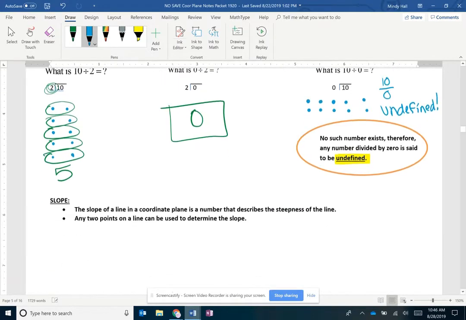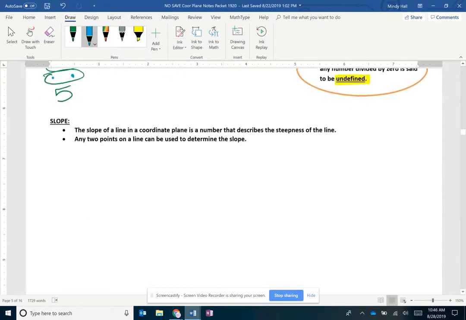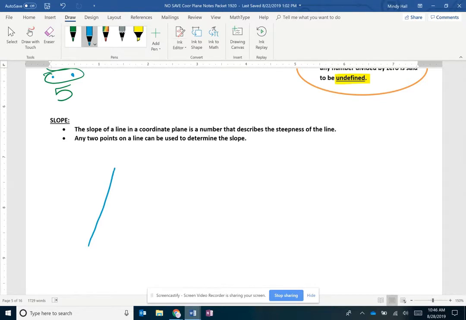Okay? So starting with slope, the slope of a line in a coordinate plane is the number that describes the steepness of the line. So you think about it, if I have a line like this and a line like this, my first line would have a slope of, let's just say, 3, and then my second line would be a slope of like 1/3 instead, because with the one on the left, we rise more than we run, and with the one on the right, we run more than we rise.